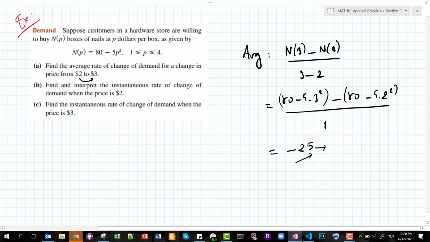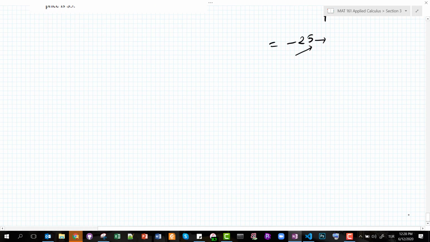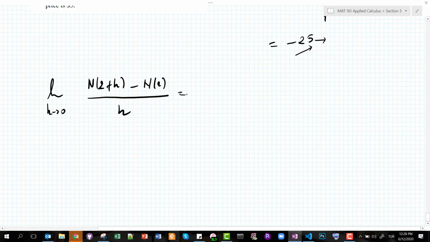So this is the average rate of change, but what would happen if you sell the boxes of nails at $2? That means the instantaneous rate of change. You need to use the instantaneous rate of change formula when h goes to 0. I'm going to use the second one, n of 2 plus h minus n of 2, over h. That's the formula I'd like to use.